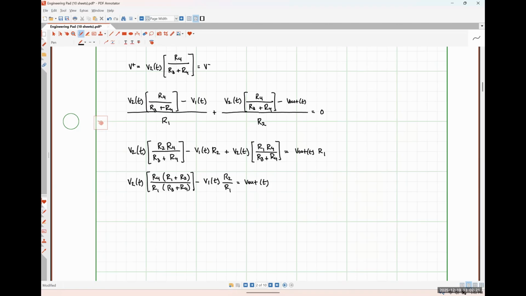And I could leave it like this, but if you look in a textbook, it's going to give you a slightly different representation of this. So I'm going to go ahead and do that part as well. Okay. So what I'm going to do, I'm going to take that R1 plus R2 term in the numerator, and I'm going to divide it by that R1 in the denominator. That's going to leave behind 1 plus R2 over R1. Okay. So I'll have V2 multiplied by R4 times 1 plus R2 over R1.